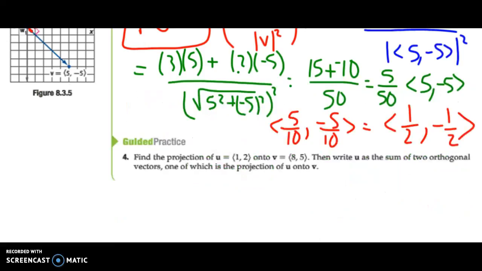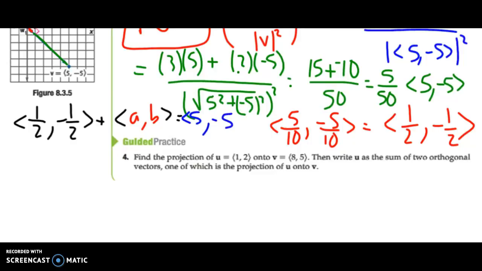So the second part they're asking us to find is what's the rest of the line right there to make up v. So we would say that (1/2, -1/2) plus some vector (a, b) would have to add up to (5, -5).